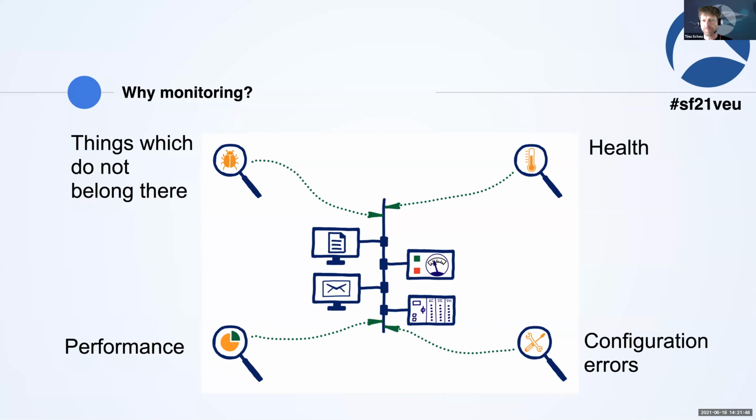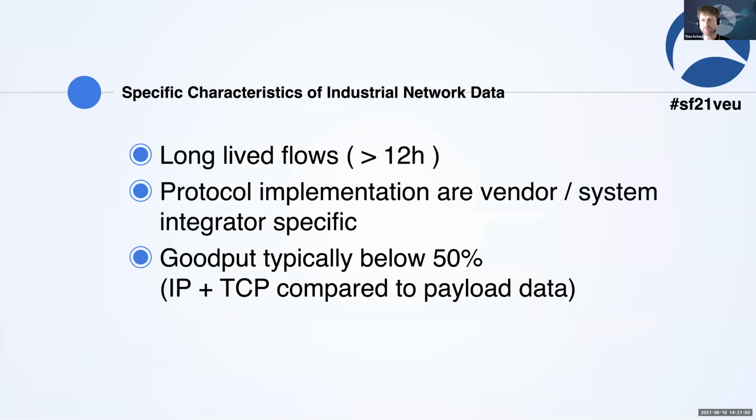So if we look at the characteristics of industrial network data, we have some differences to normal traffic, like you're maybe used to from an office environment. We can have very long flows.